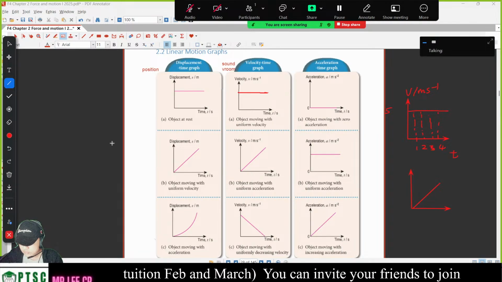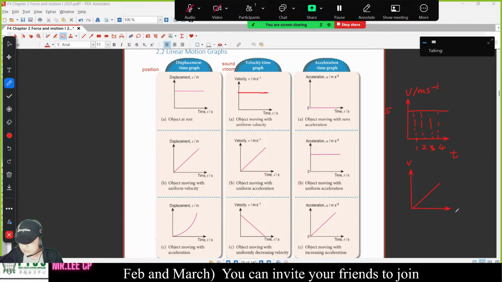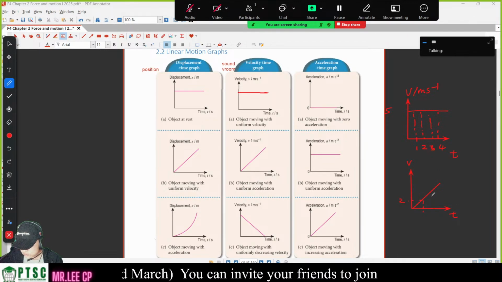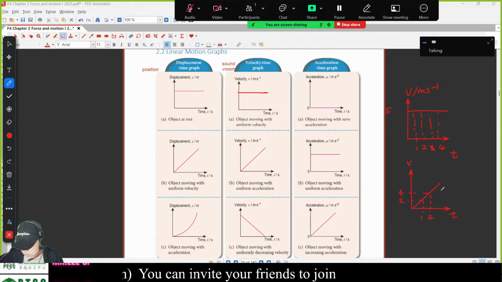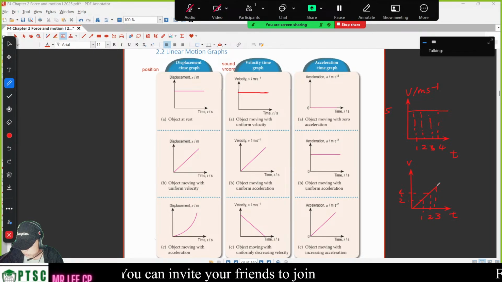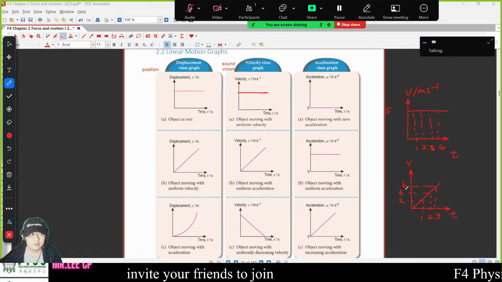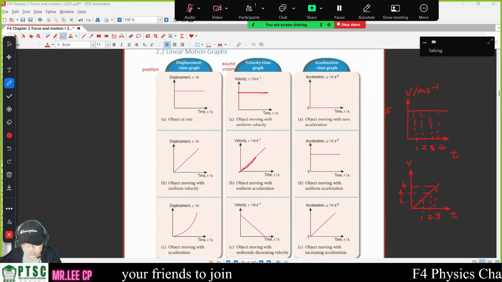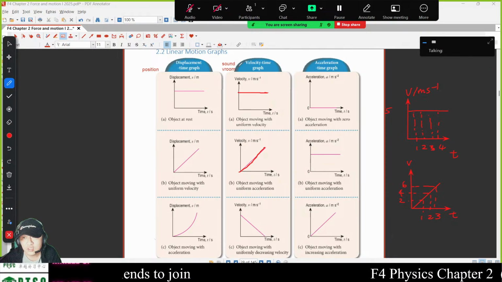Going upward. So first second, where am I? Not where am I. This is V, this is T, right? First second, the velocity is 2. Second, I move 4. Third second, I am moving with 6. So my velocity is increasing. The velocity increasing means the sound will go woo, vroom vroom vroom.